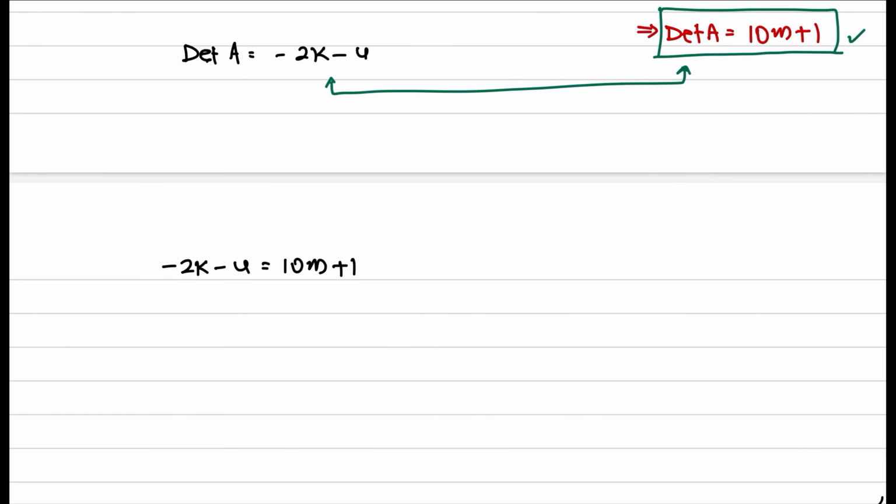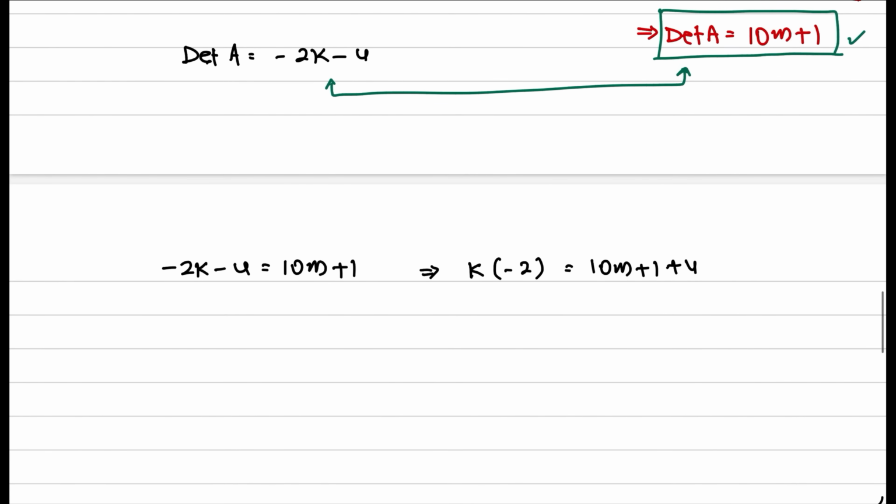Please try to understand the concepts, which implies k into minus 2 is equal to 10m plus 1 plus 4.